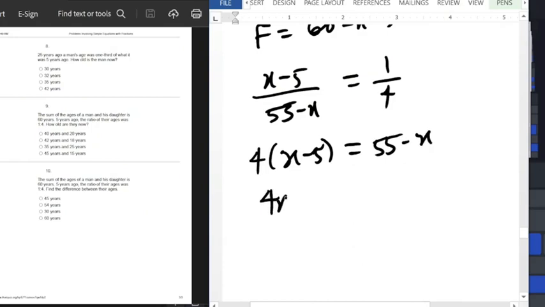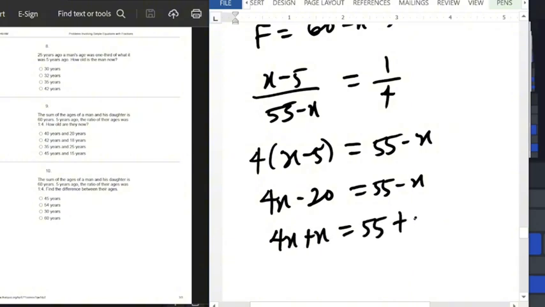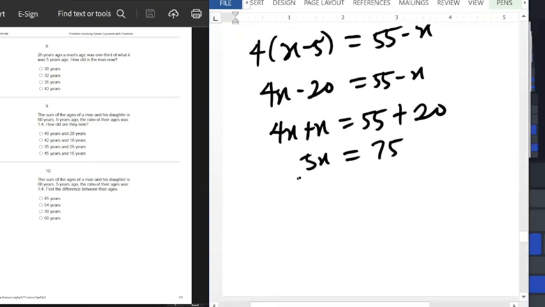So this is 4x minus 20 equals 55 minus x. Collecting like terms, we get 4x plus x equals 55 plus 20. So 5x equals 75. I hope I'm making sense. Divide both sides by 5.